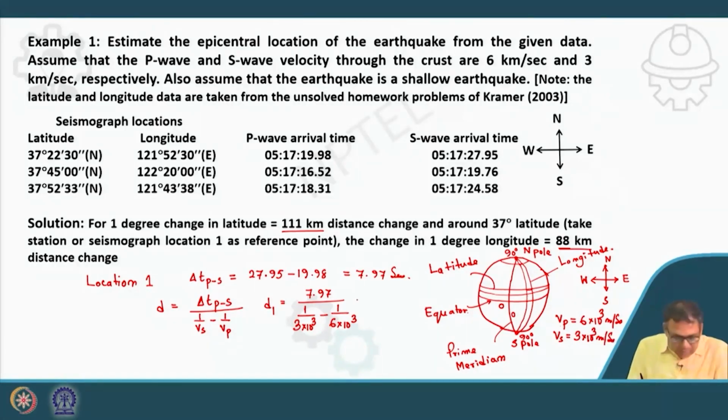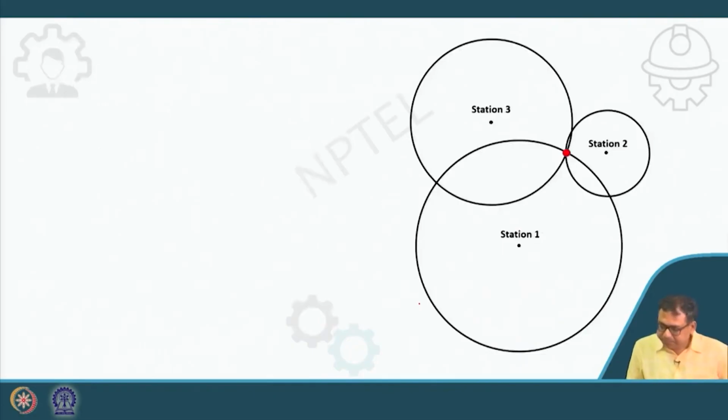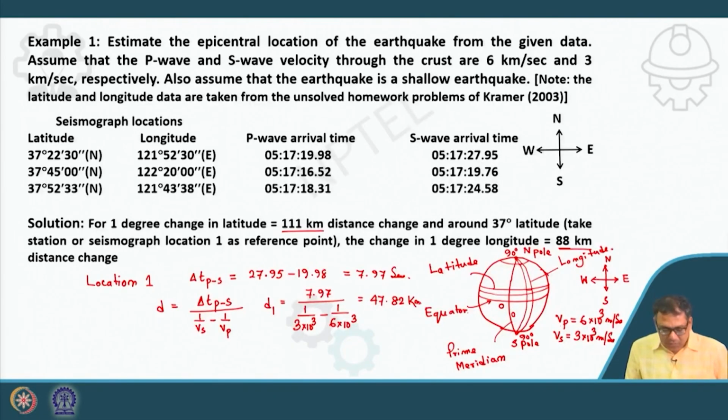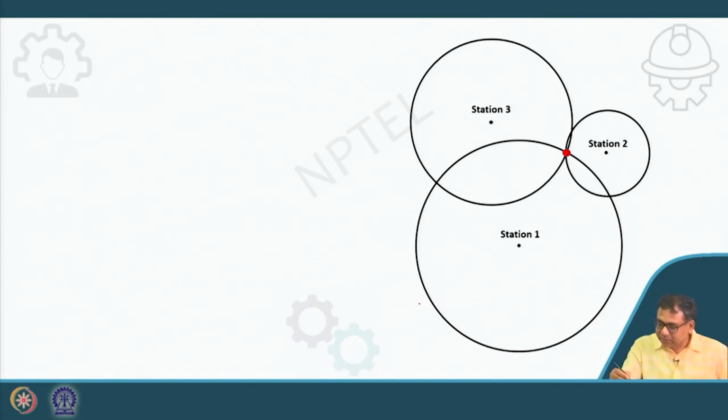Okay. So now the value is 47.82 kilometers. So the D1 distance we get is 47.82 kilometers.